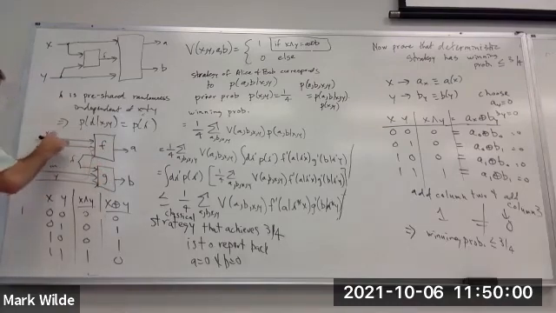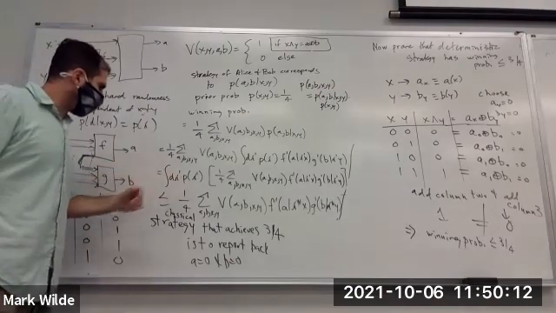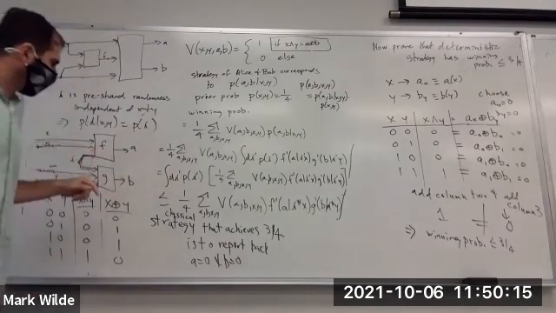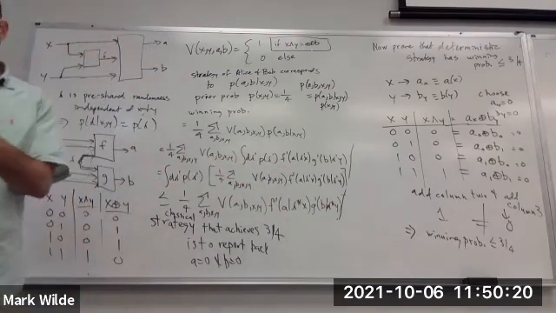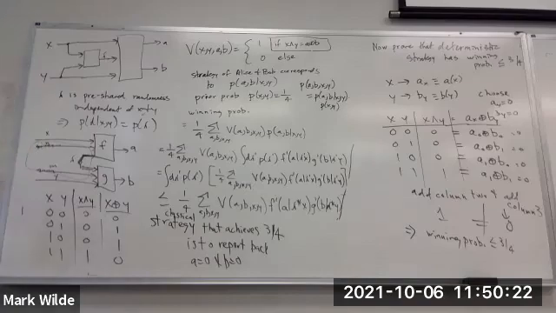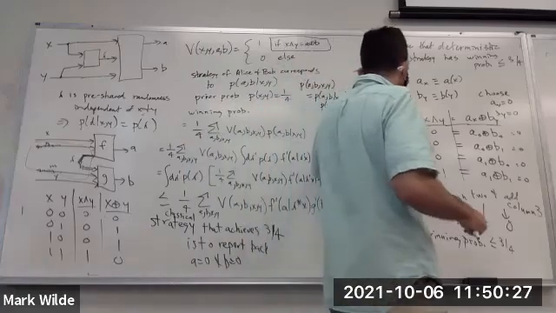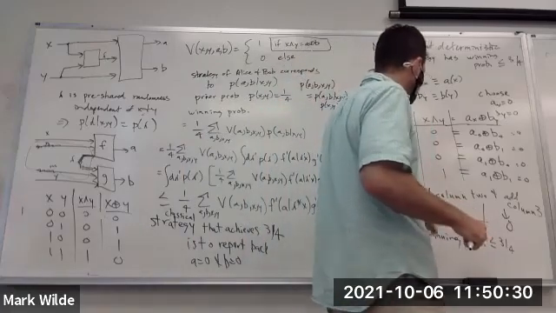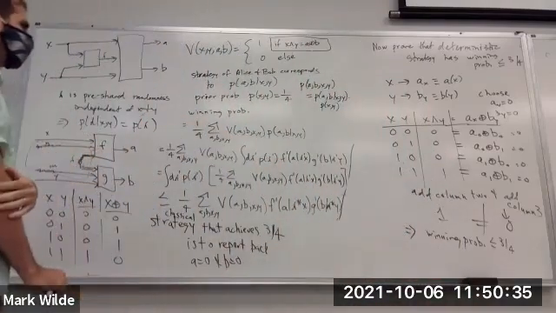This is local noise, this is local noise, this is shared noise, shared randomness. These are the values coming in from the referee. These are the outputs. And then we argued that, due to the structure, a deterministic strategy can always have the same performance or better than a randomized one. So it suffices to look at deterministic ones. Then we proved that the winning probability for the deterministic strategy cannot exceed 3/4.